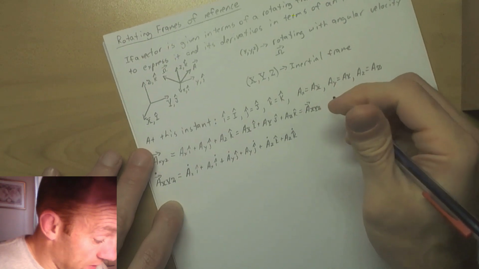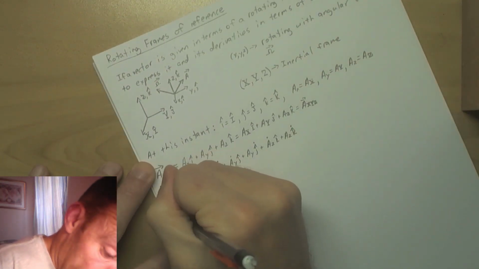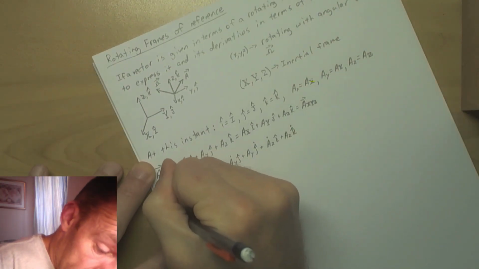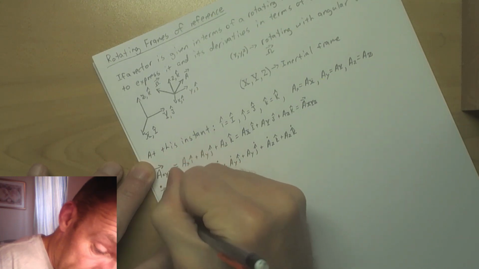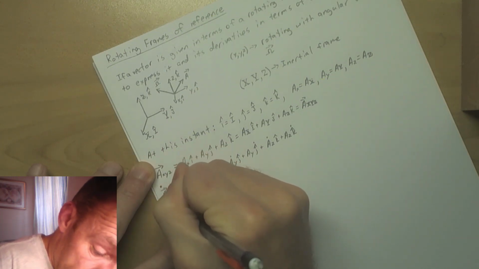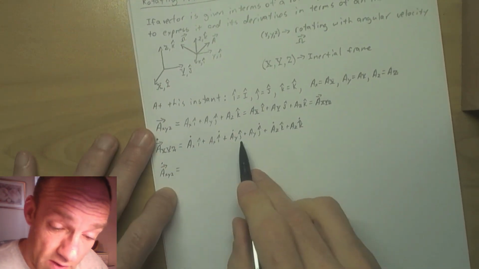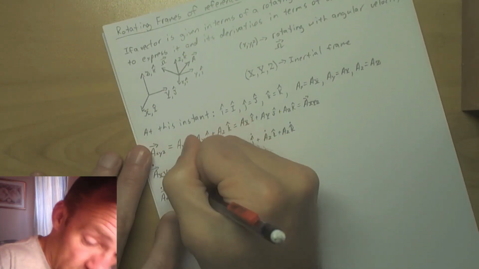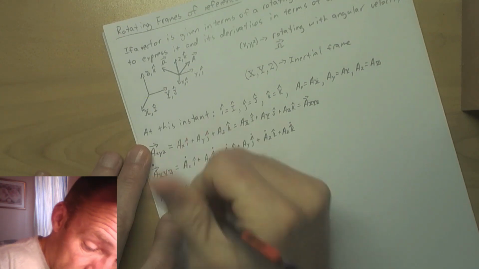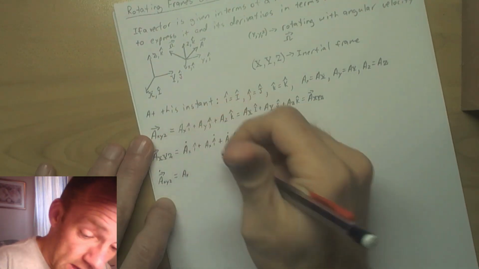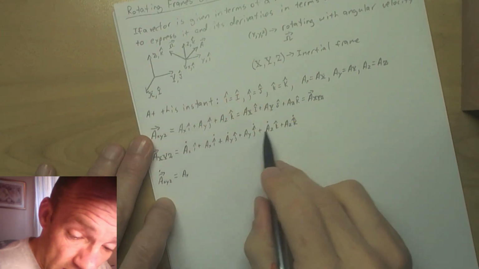Now I'm going to take that same time derivative in the XYZ frame using the same basis vectors, the lowercase i, j, and k. So in this reference frame, i dot, j dot, and k dot are equal to 0.